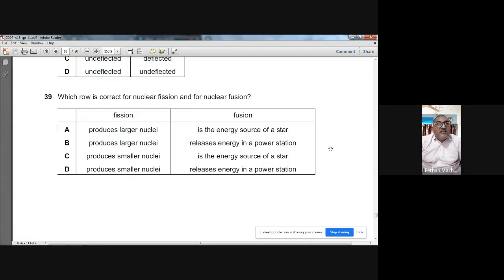So fission produces smaller nuclei, and fusion is happening in stars. So for 39, the best option looks like C. Fission produces small nuclei, and fusion is the energy source of a star.